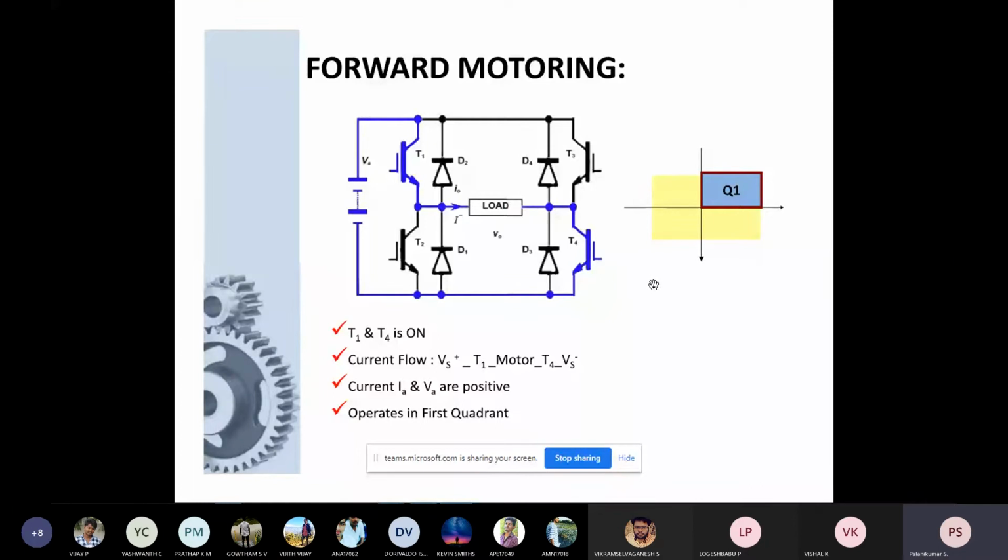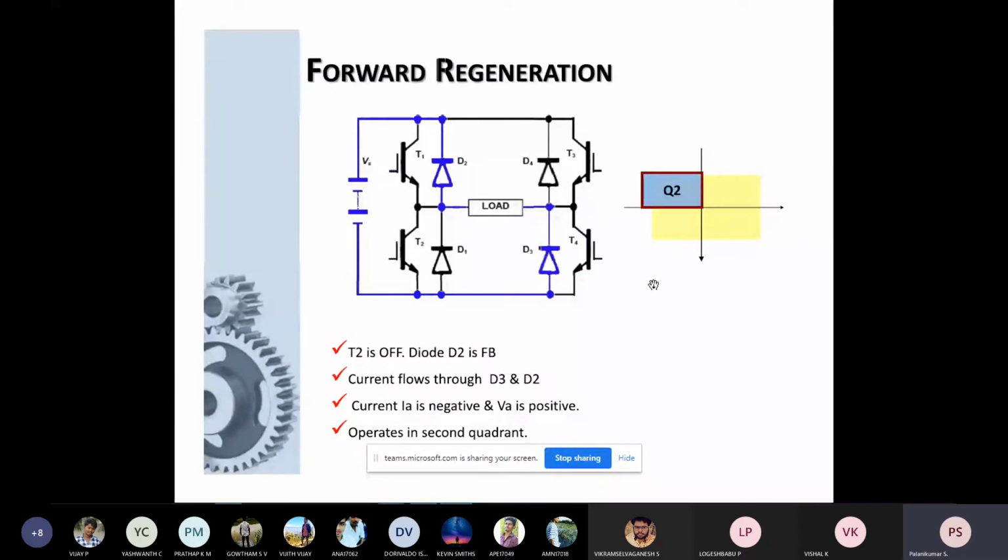Next, we will see the second quadrant. During second quadrant operation, T2 will be off. Automatically the diode is forward biased.